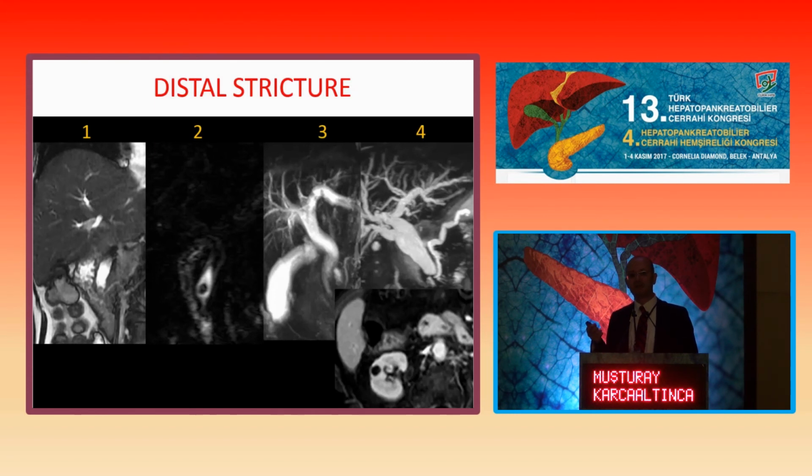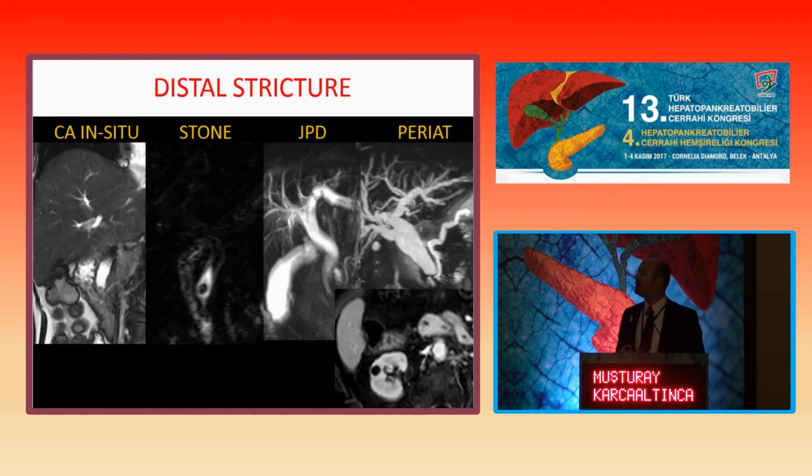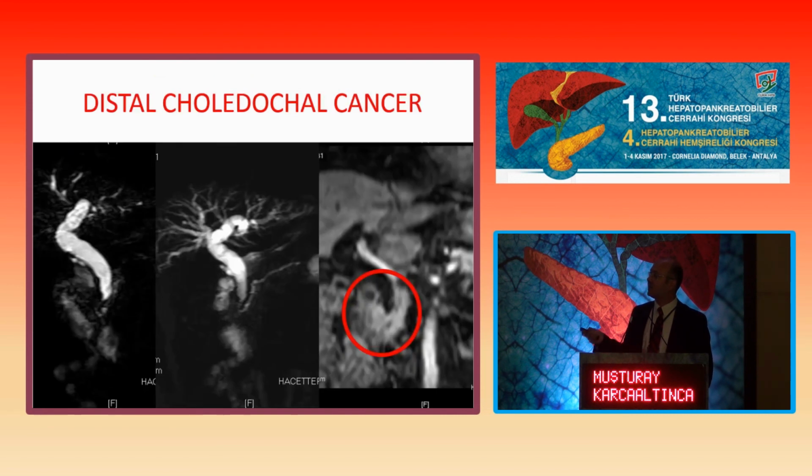So juxtaduodenal diverticulum or para-sphincteric diverticulum looks like this, and it can cause sometimes obstruction. And this one was a periampullary tumor. And you can see on the axial image, a big tumor causing this double duct sign in this patient.